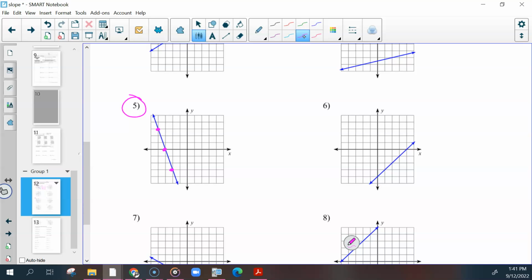They'll never have less than that because you need at least 2 points to find a line. So if I'm starting at, it does not matter, I'm going down 3 and to the right 1. What is my slope? -3. Because this would give me -3 over 1, but simplify.